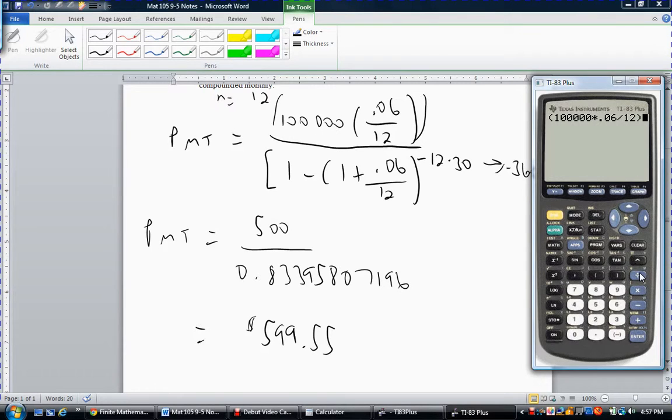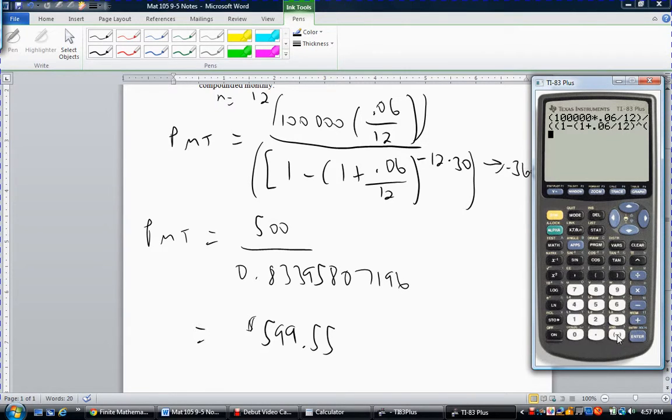And then I want to divide all that by the whole thing. So when I do that, I want to put all of this in its own parentheses. So I need 2 sets of parentheses to begin. And then 1 minus parentheses 1 plus 0.06 divided by 12, close parentheses. This is the exponent key.